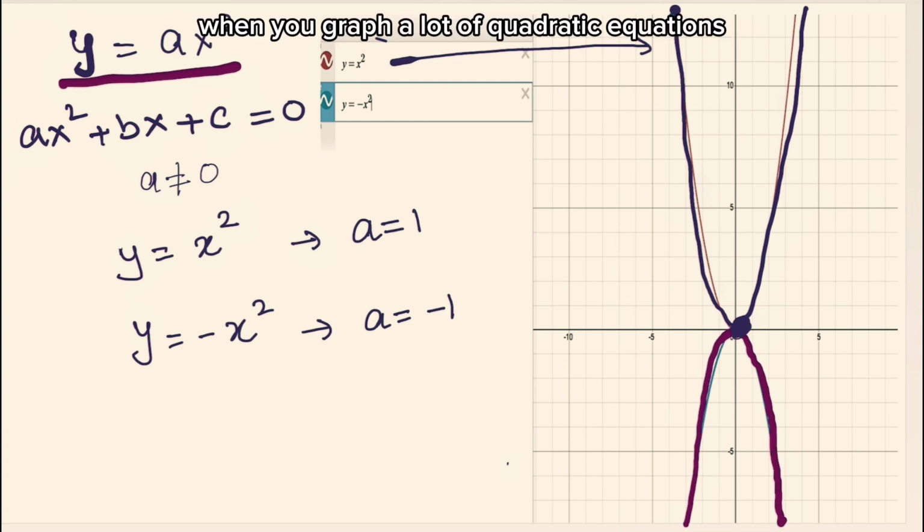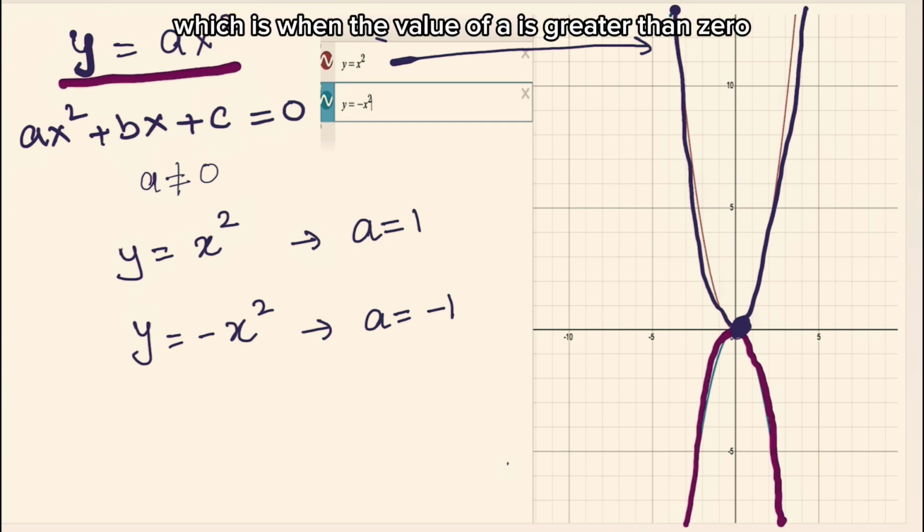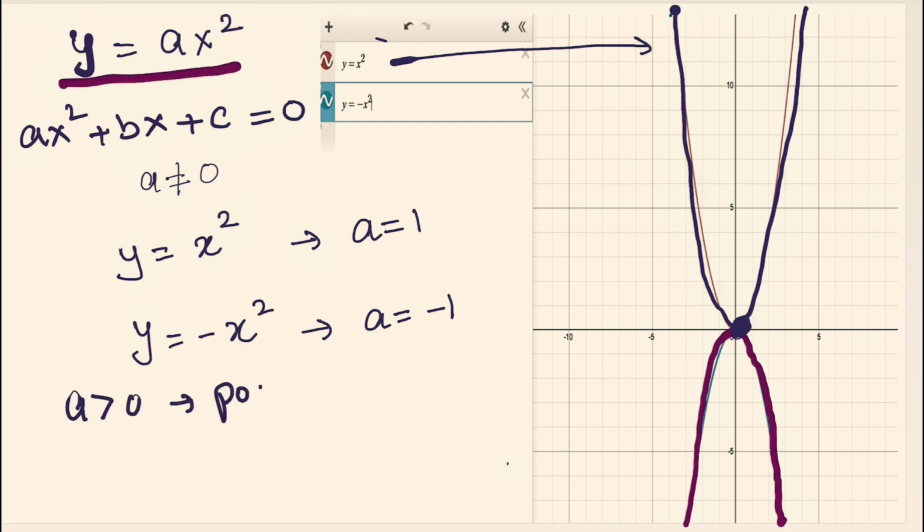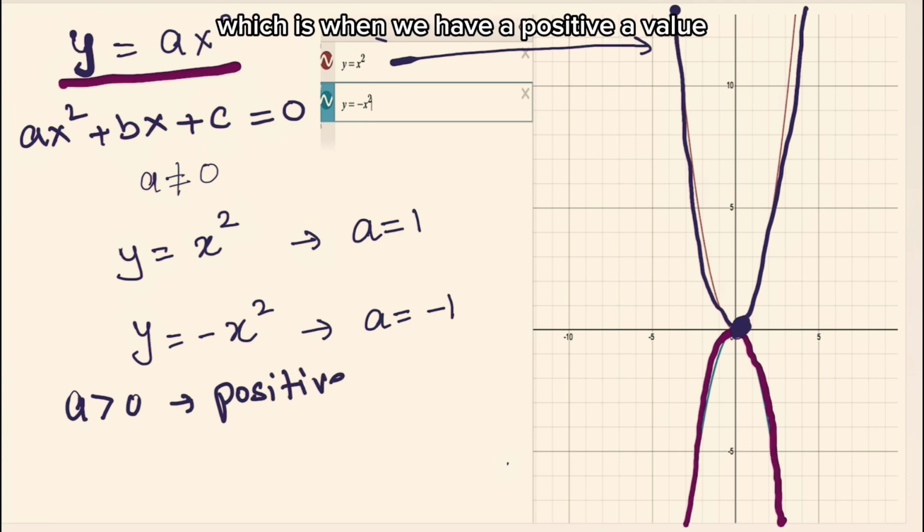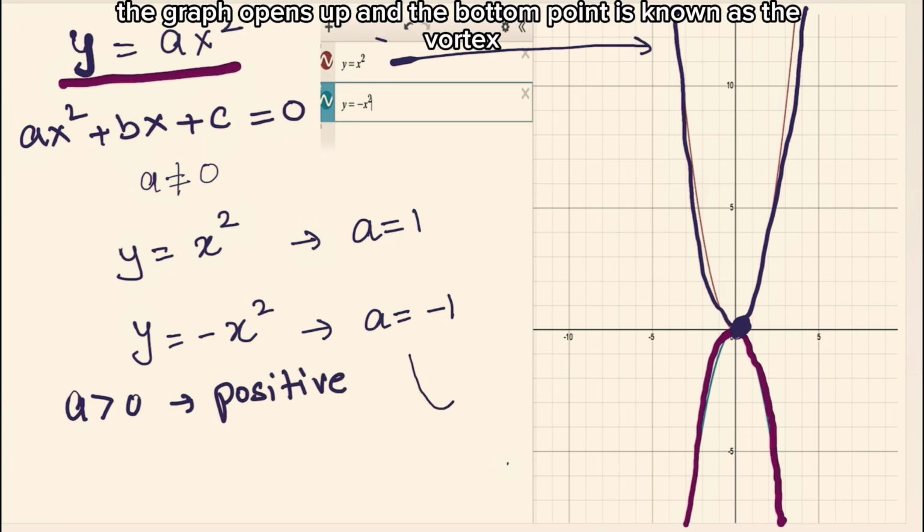When you graph a lot of quadratic equations, you will come to know a rule: when the value of a is greater than 0, which is when we have a positive a value, the graph opens up and the bottom point is known as the vertex.